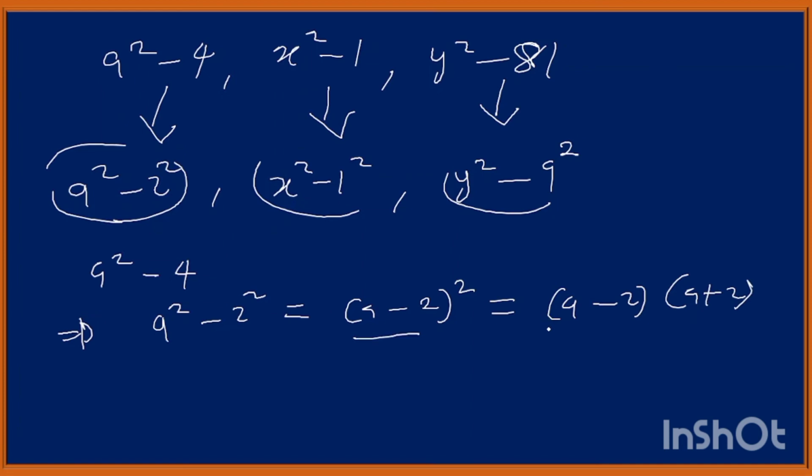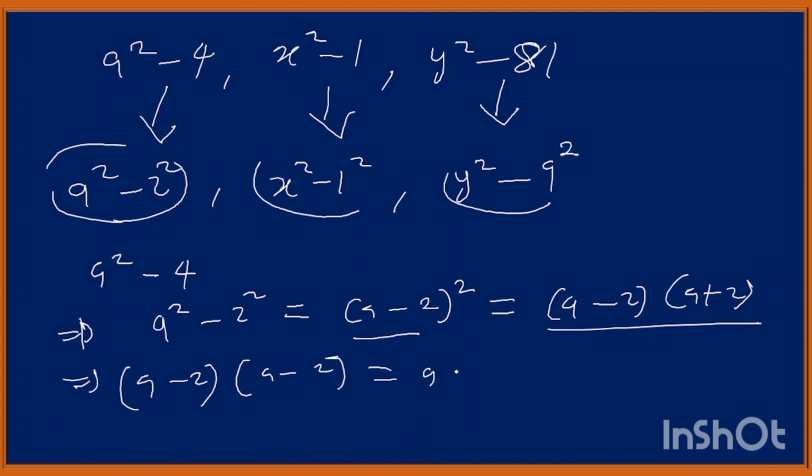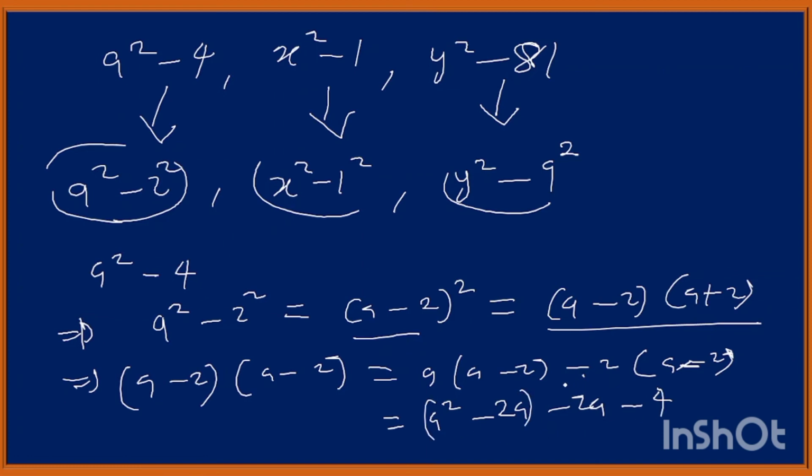If you expand this, you have a times a, which will give me a squared. A times minus 2 will give me minus 2a. Minus 2 times a will give me minus 2a. Minus 2 multiplied by minus 2 will give me minus 4.